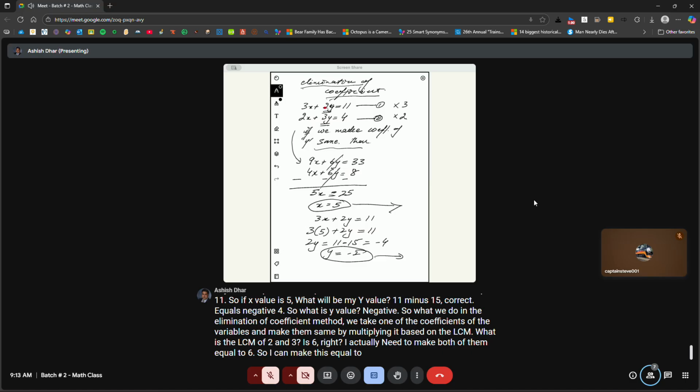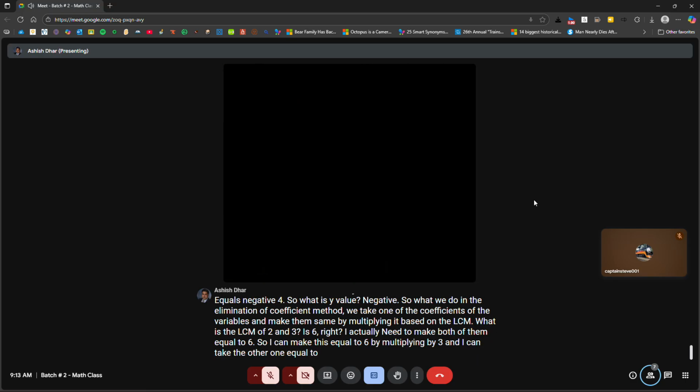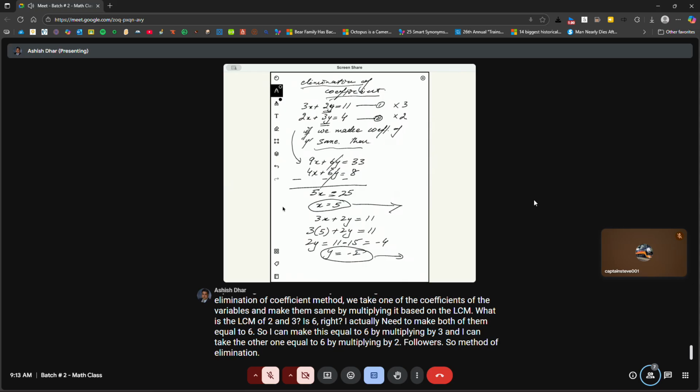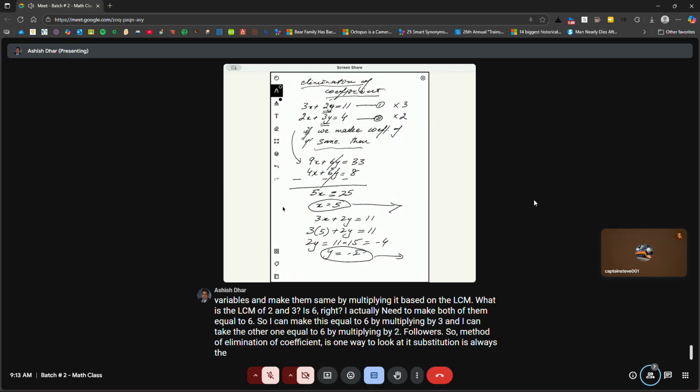So I can make this equal to 6 by multiplying by 3, and I can take the other one equal to 6 by multiplying by 2. Followed? So the method of elimination of coefficient is one way to look at it. Substitution is always the ideal way to look at it. Okay.